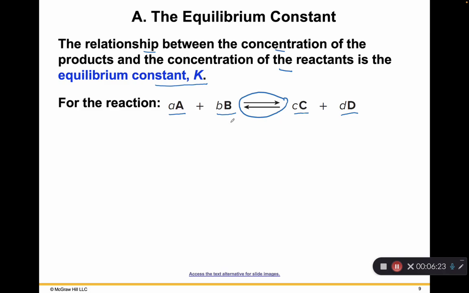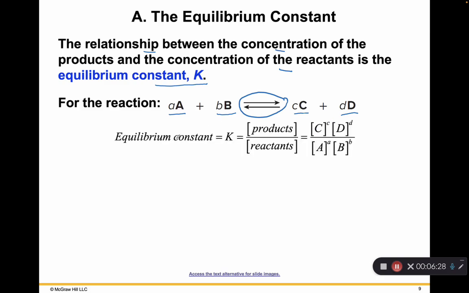Whenever we have an equilibrium reaction, we can write the expression for the equilibrium. The expression has the equilibrium constant, represented by uppercase K, which will be equal to the concentration of products divided by the concentration of reactants in general.